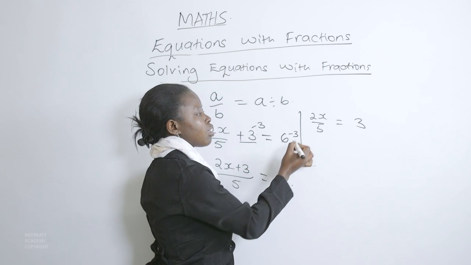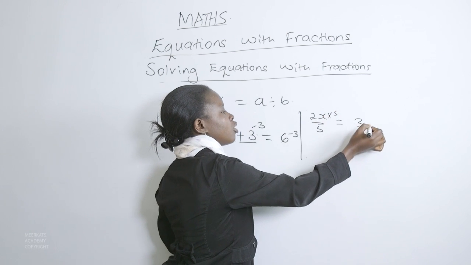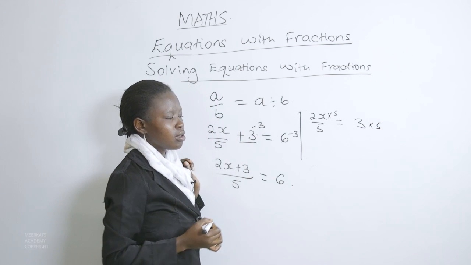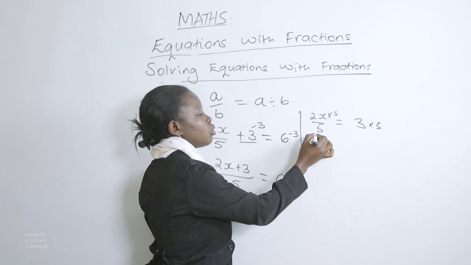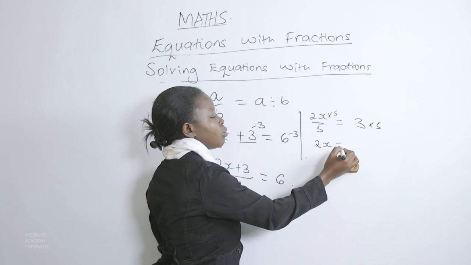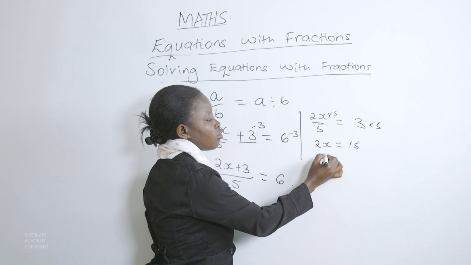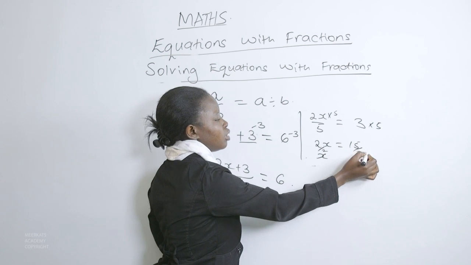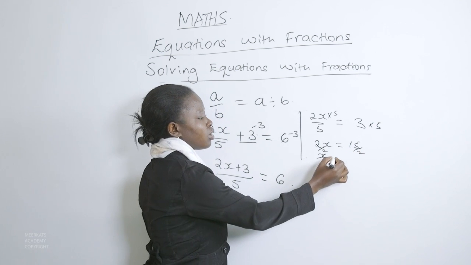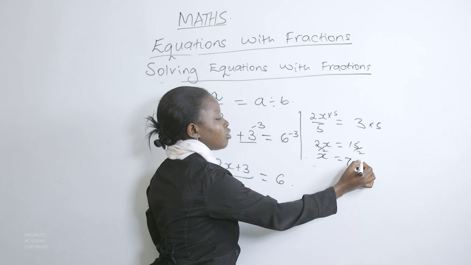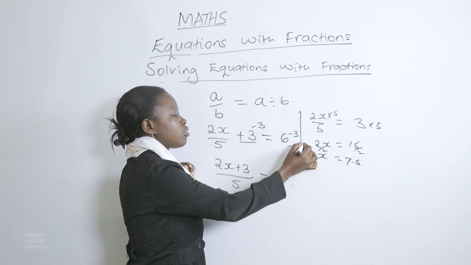The next step is to multiply by 5 on the left-hand side and the right-hand side, and we obtain that 2x is equal to 15. In this case, our value for x is obtained by dividing by 2 on both sides, so the value for x is 7.5. So this is for this situation.